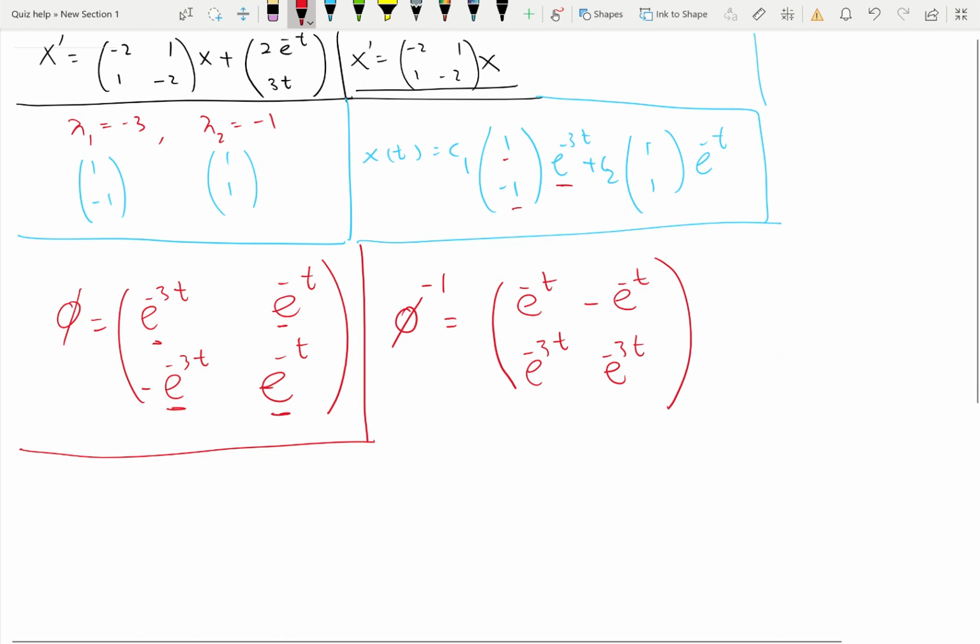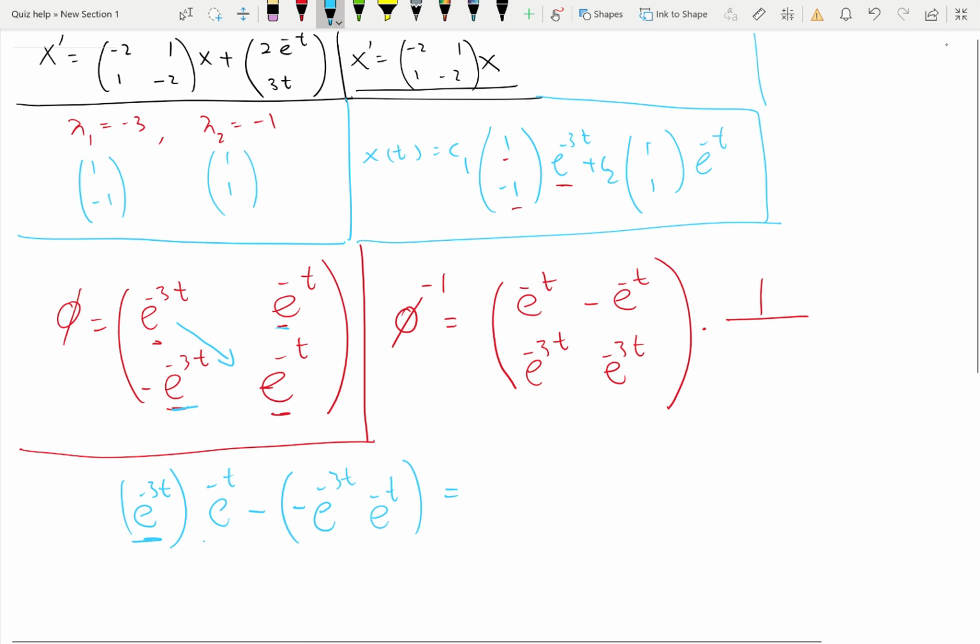We are not yet done with phi inverse because you have to divide this by the determinant of phi. So the determinant of phi is, first you multiply these two, e to the -3t times e to the -t, minus, now multiply these two, negative e to the -3t times e to the -t.